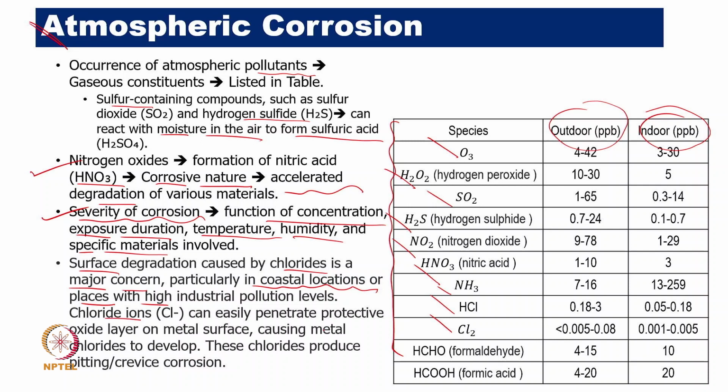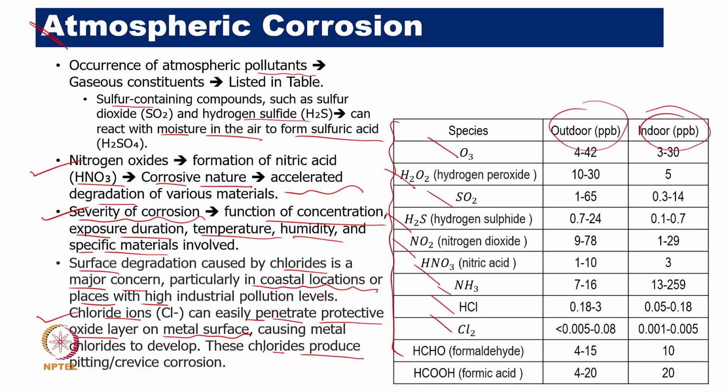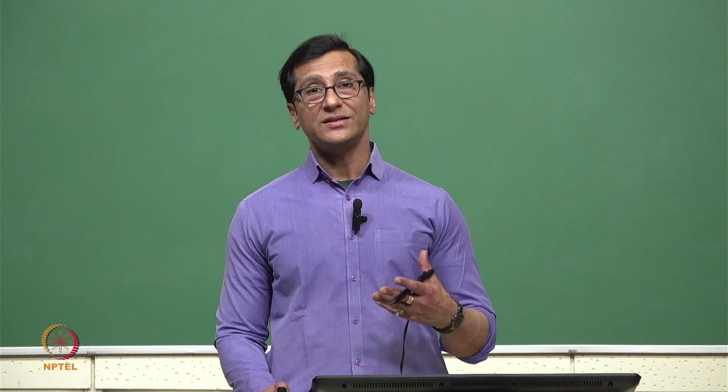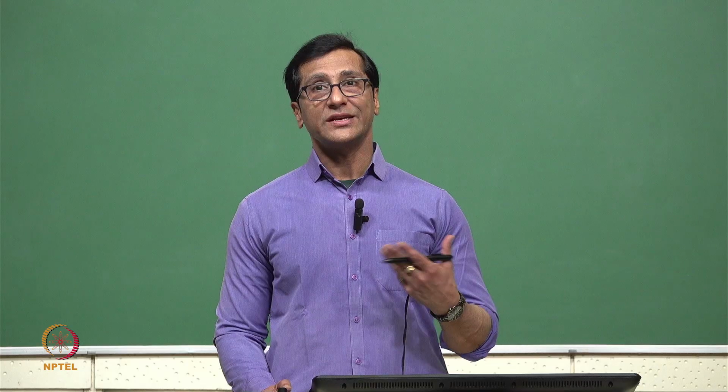Chloride ions can easily penetrate the protective oxide layer. So this is another problem: there is some oxide layer, but chloride ions can penetrate it and then create some sort of crevice corrosion, which is very bad, even fatal for the health of a component. That's why we say these chlorides produce pitting or crevice corrosion, which is a kind of hidden corrosion. We say it is a secret kind of thing.